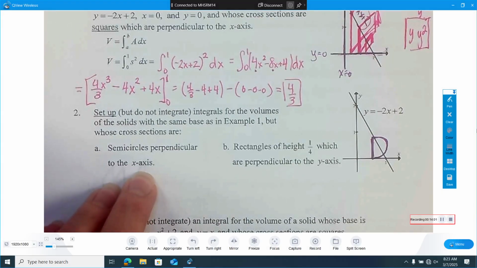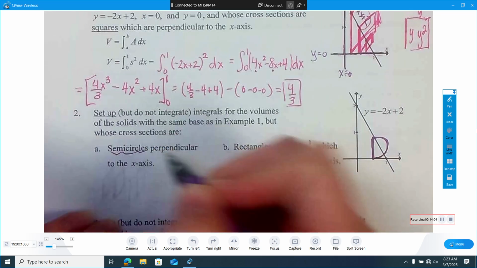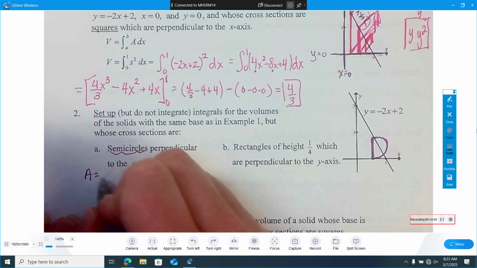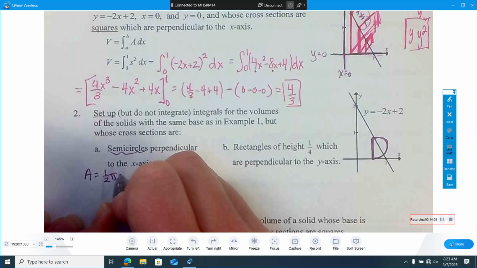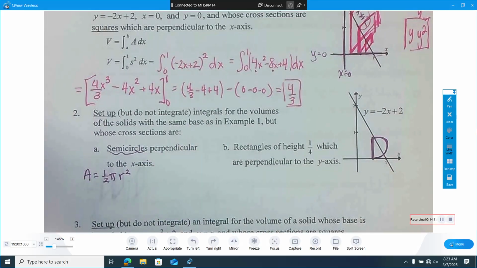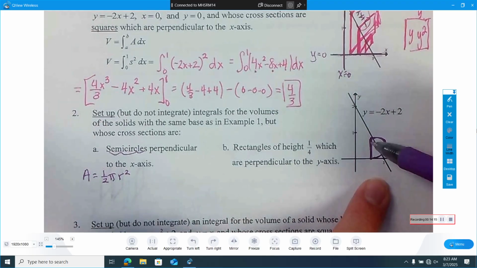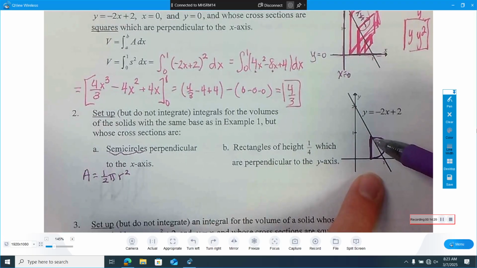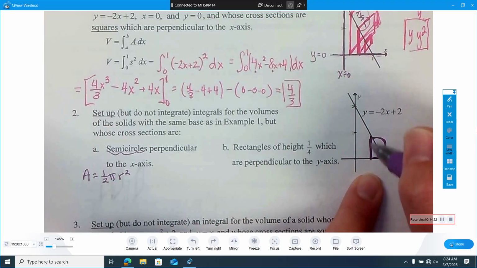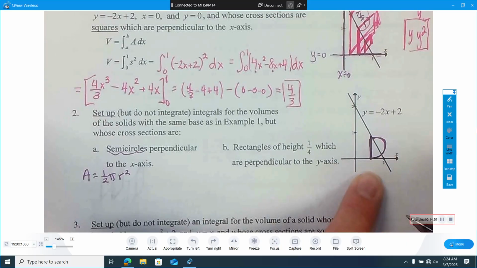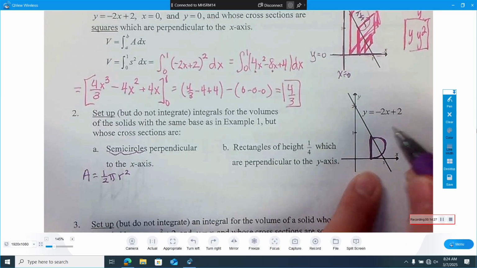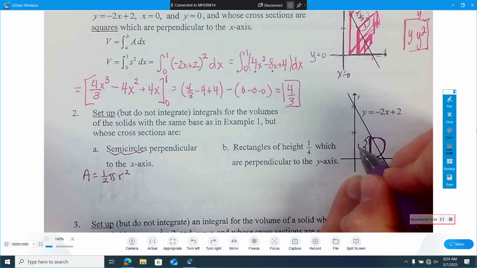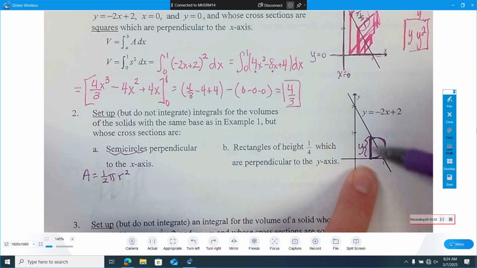All right. A semicircle has an area of 1/2 pi r squared. That's the area of a semicircle. So right now, the base of our semicircle, how long is this little base here? I guess it's a diameter. This is the length of y, which is our negative 2x plus 2. But what's the radius?